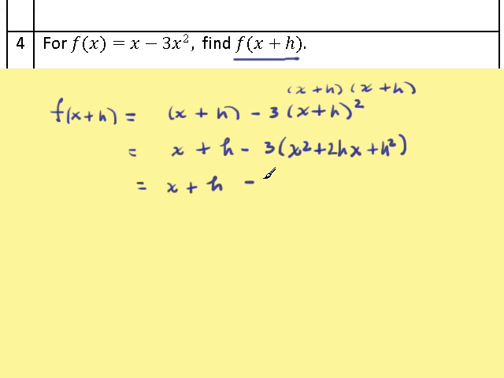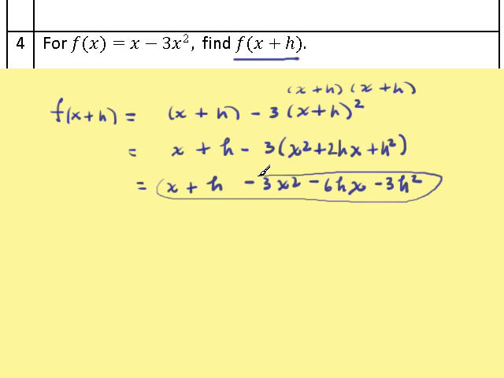So here we have minus 3x squared. Here we have minus 6hx. And here we have minus 3h squared. All right, let's see. Is there anything to combine? All right, we don't have any like terms, so that's it.